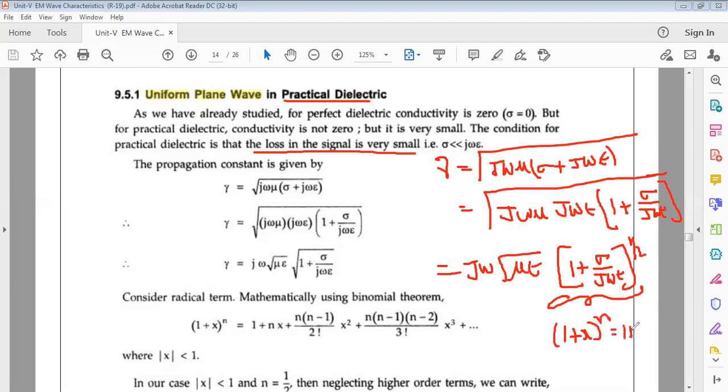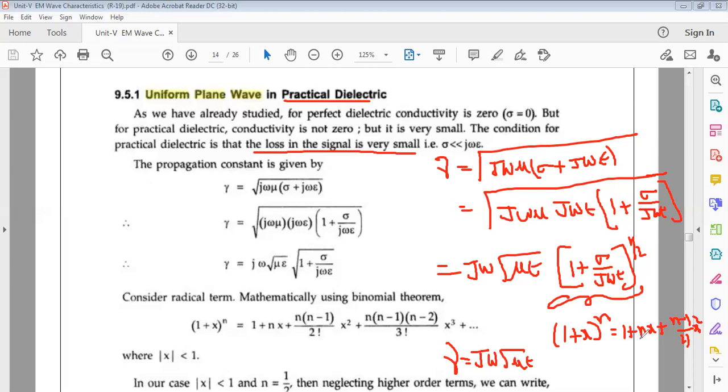That is equal to 1 plus n x plus n(n minus 1)/2 factorial x squared, and so on. Neglecting the higher order terms, we can write this function as gamma is equal to j omega under root of mu epsilon, and for this function you can apply the binomial theorem.